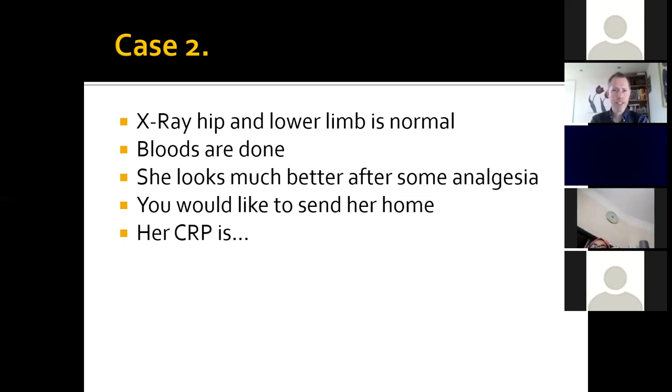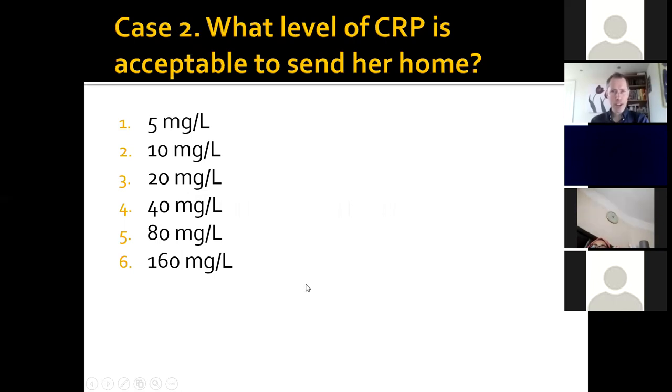And seeing her again, you're thinking, actually, I'd quite like to send this child home. But the blood results come back and we have her CRP. I'd like you to tell me what level of CRP you think is acceptable to be able to send this child home.